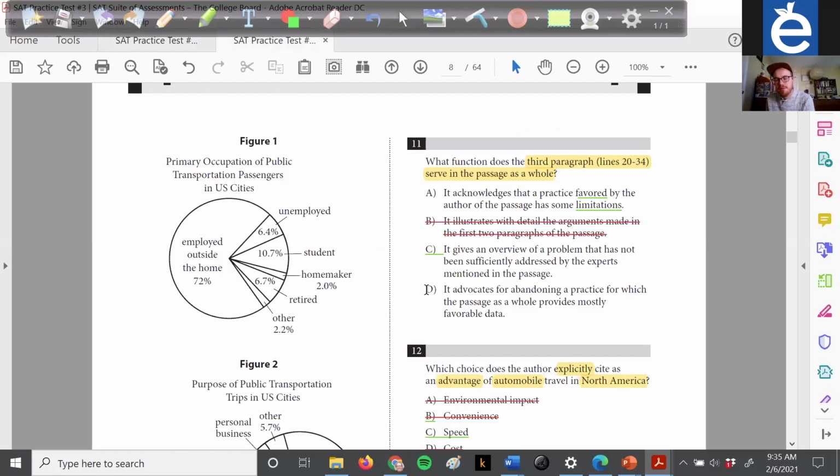D, it advocates for abandoning a practice for which the passage as a whole provides mostly favorable data. Abandoning a practice. No, I don't think that's it either.